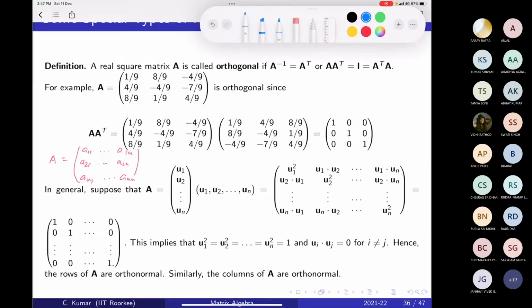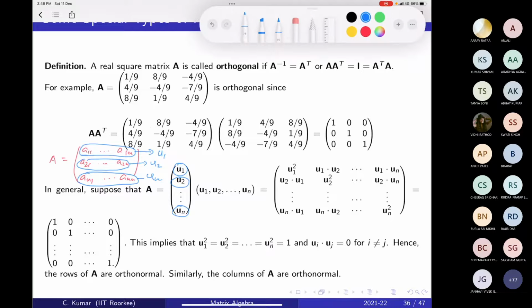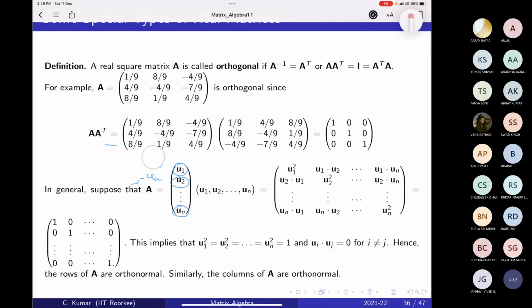Now let us say that the first row of A, I denote by U1. So you have U1 here. The second row of A is denoted by, let's say, the vector U2. So you have U2 here. And the nth row of A is denoted by Un. So you have the vector Un. Fine. So this is your matrix A.